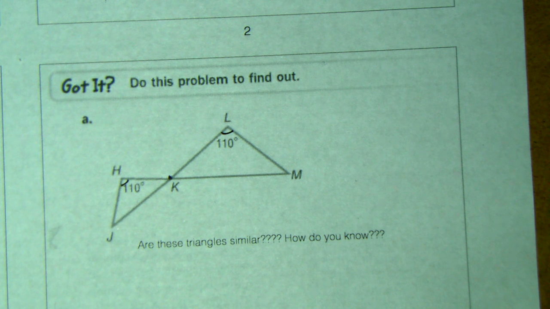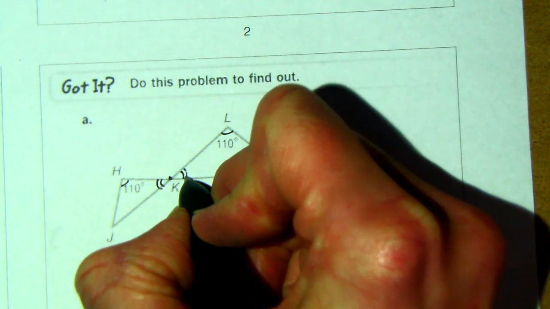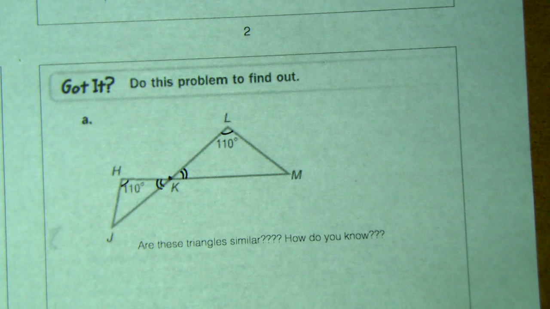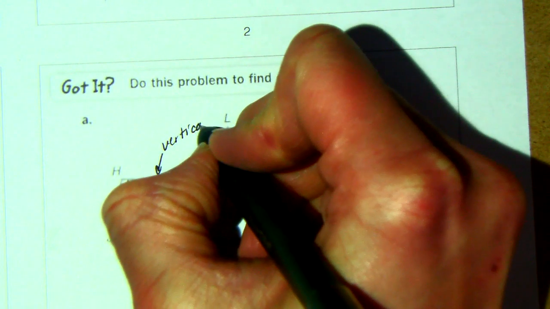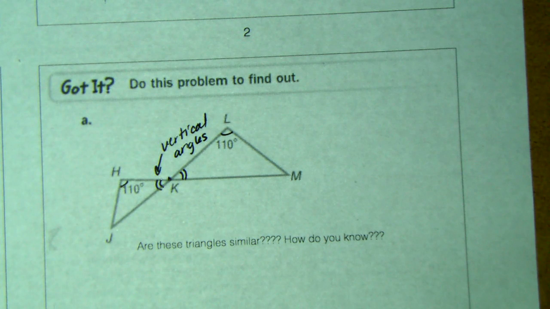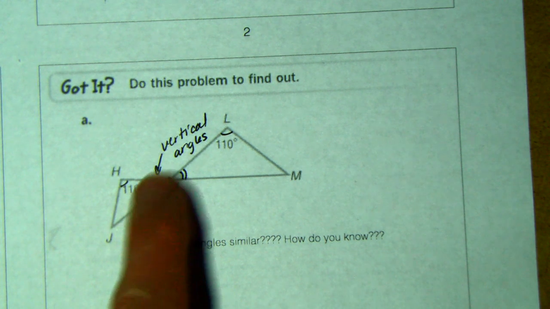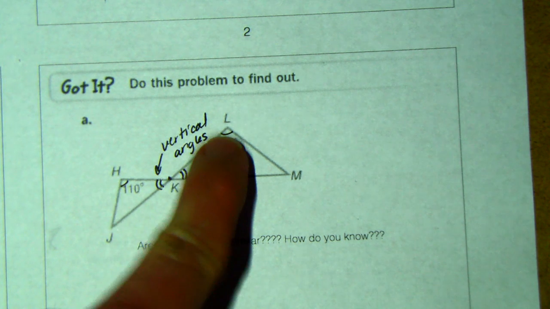What kind of angles are they? They're vertical angles. When two lines cross or intersect, opposite angles like these two are congruent. So now I know that this angle is the same as that, and this one is the same as that, which means obviously J and M are the same, and we have similar triangles.